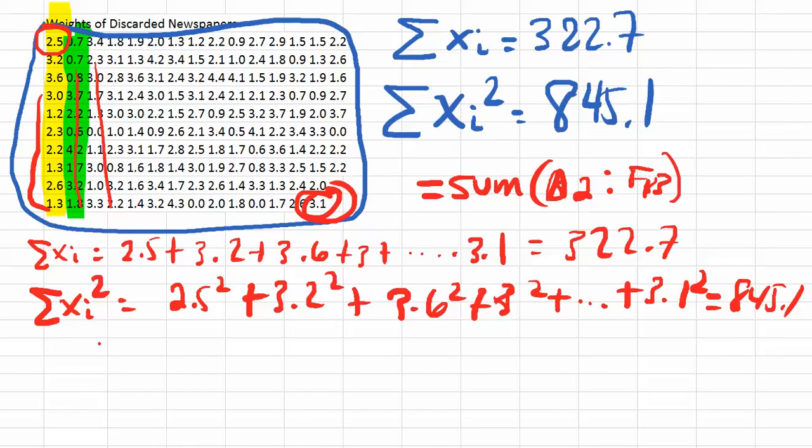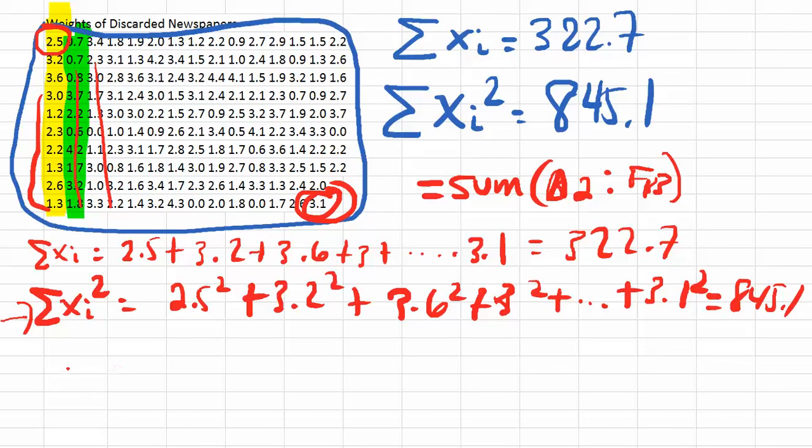So that's what that is. Sigma xi is all of the x's added up, and sigma xi squared are all of the x's squared and added up. So we square them and add them, and that allows us to calculate variances and things like that.